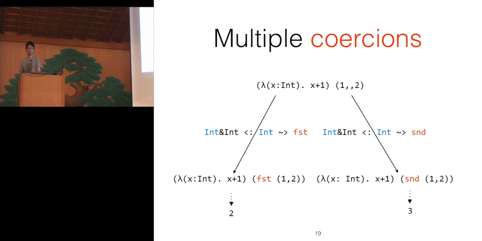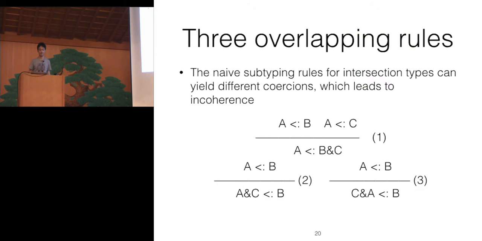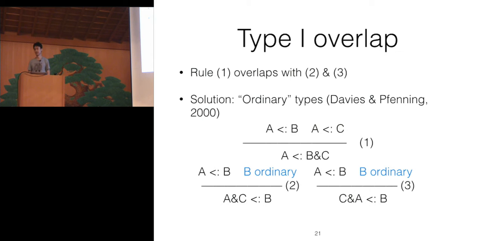So how to solve this problem? This is the simplest set of rules for intersection types. But there is a lot of overlap here, so it can yield different coercions and leads to the problem of incoherence. What we do is identify two types of overlapping and remove them via different techniques.